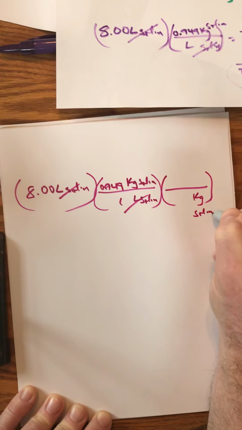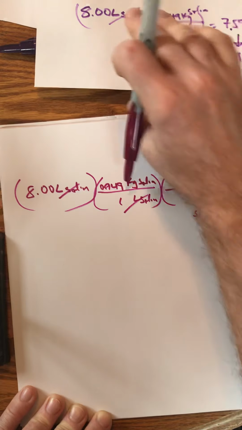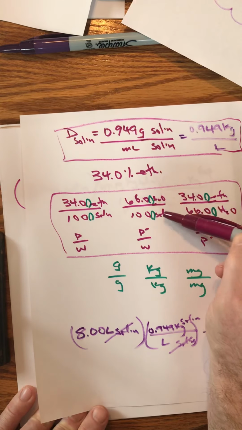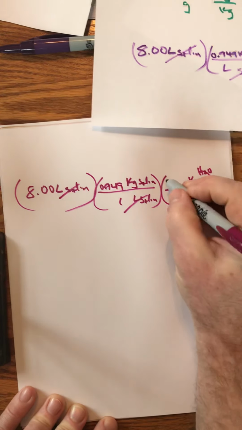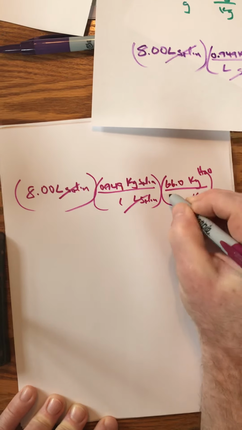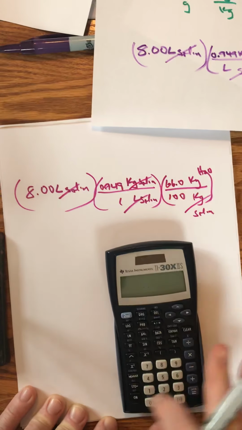I'm looking for water, so I'll put kilograms of water up top here. Water over solution, 66 over 100. That's going to give me the mass of water. And you can take it to grams or kilograms.